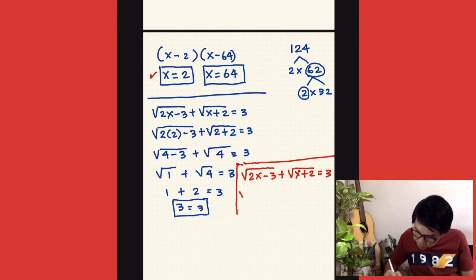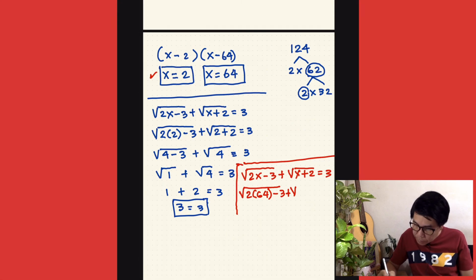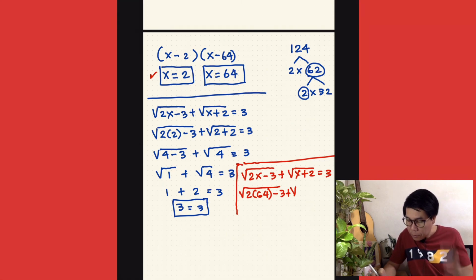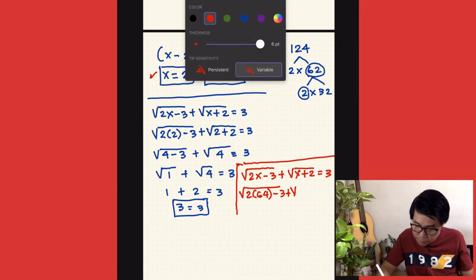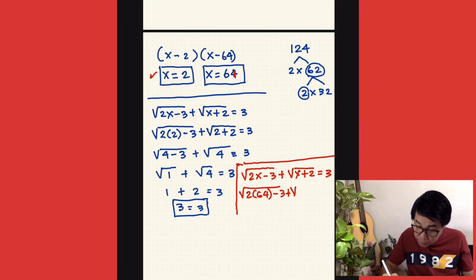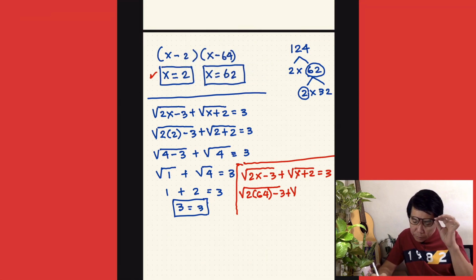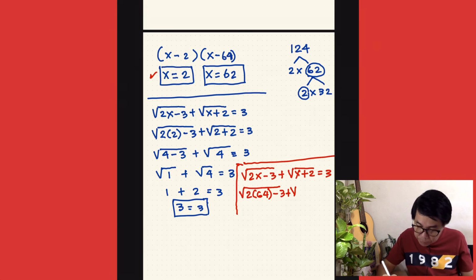So it's 64: square root of 2 times 64 minus 3 plus square root of 64 plus 2. Oh, so it's not 64 here, it's 62. I overlooked that. Sorry, this is 62, and this one also is 62.